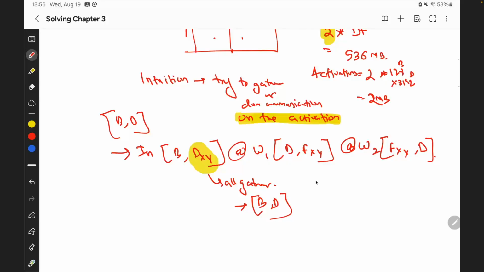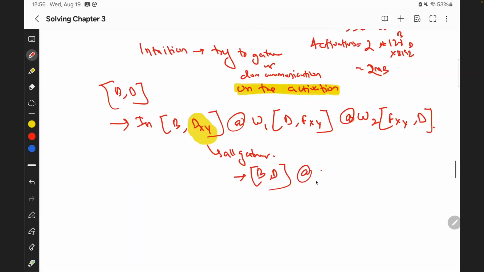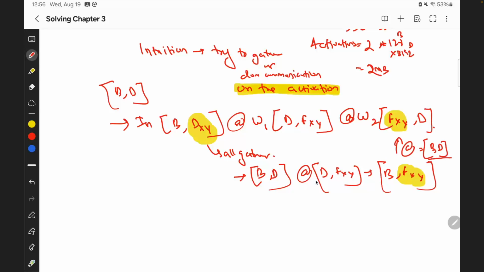Then you multiply with D by F[XY] and get B by F[XY], which is already sharded, and you do the second matrix multiplication to get B by D, the result you want.